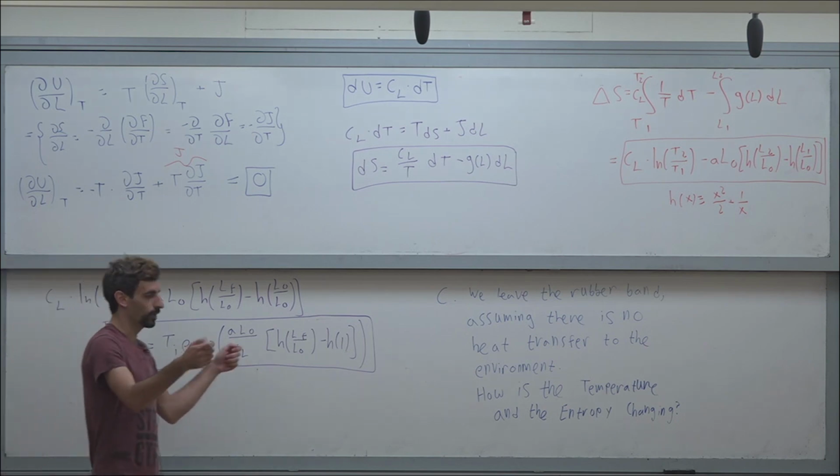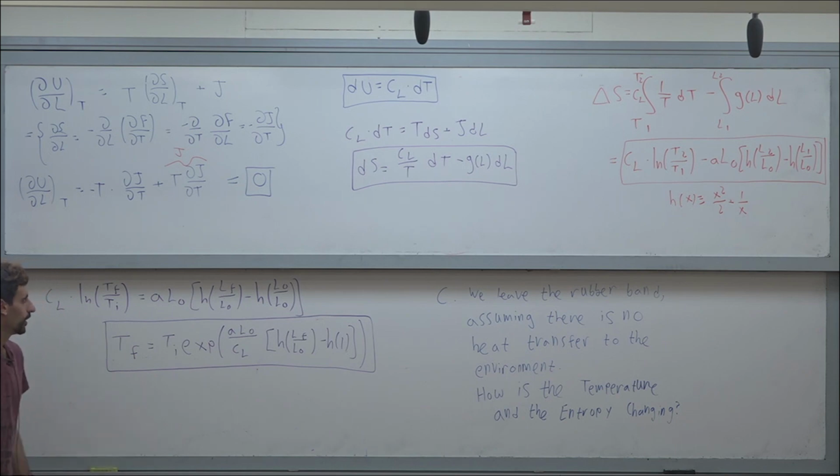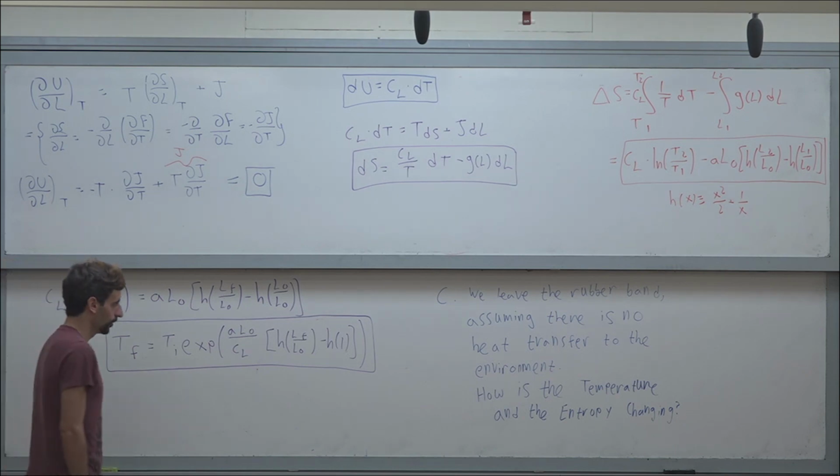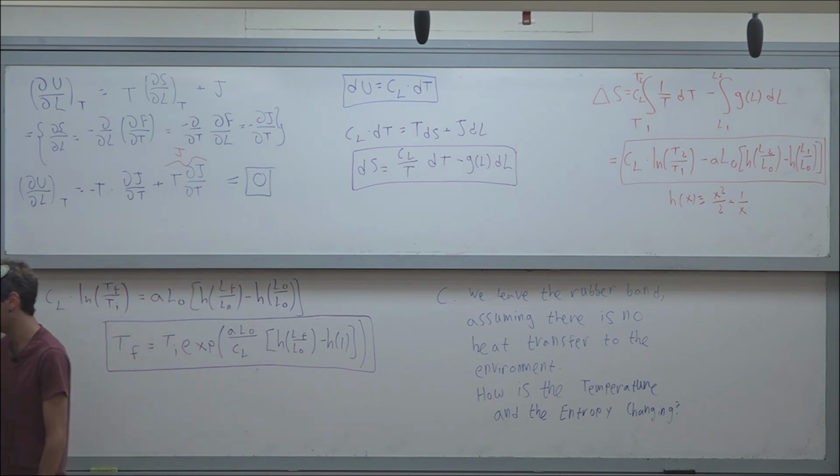Okay, so we stretch it, now we leave it. We just go back to its loose position. And we are assuming there is no heat transfer to the environment. And we ask, okay, how are the temperature and the entropy changing now?